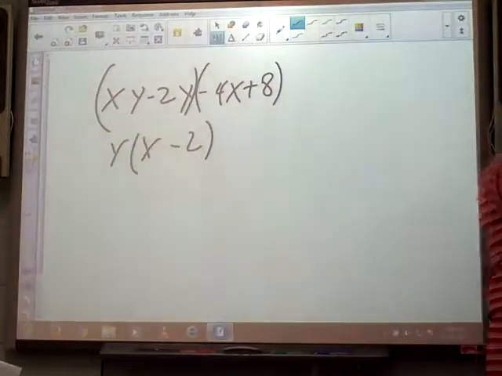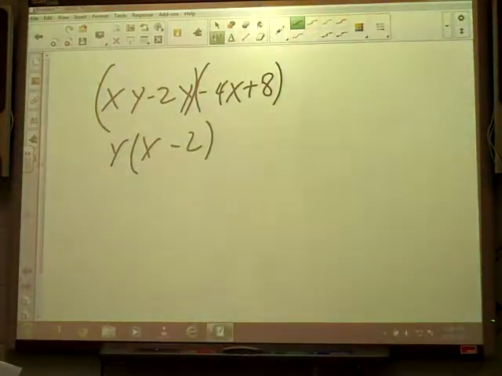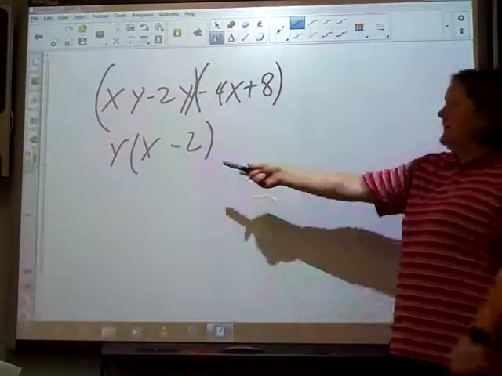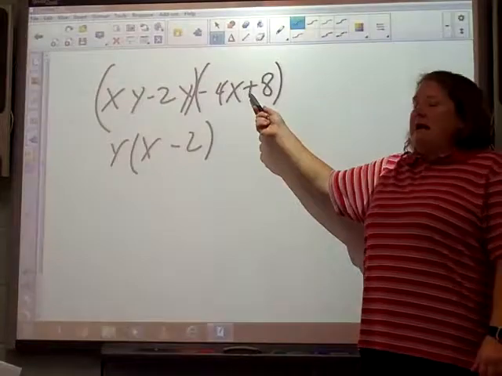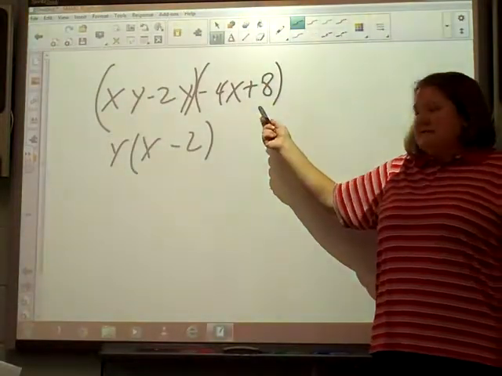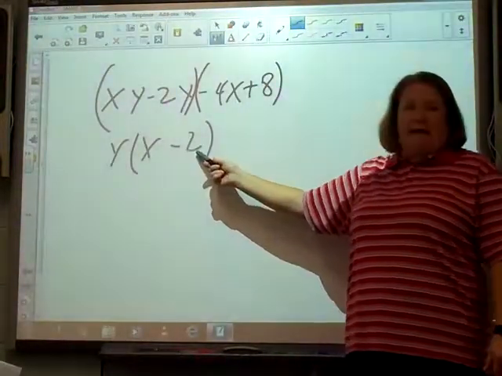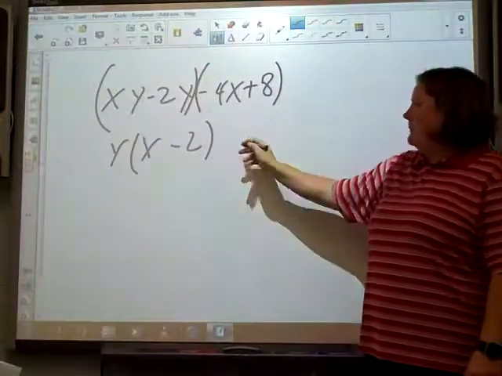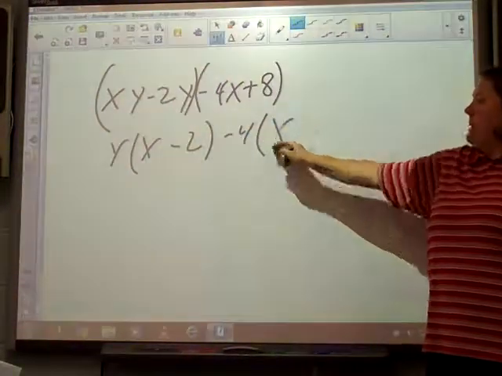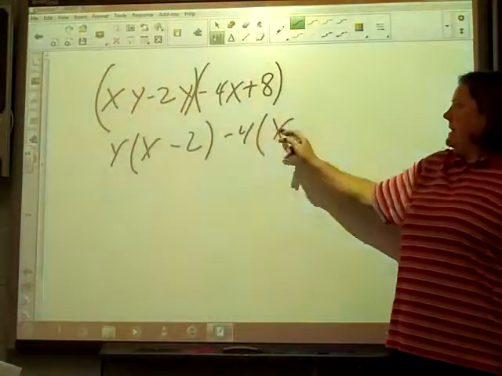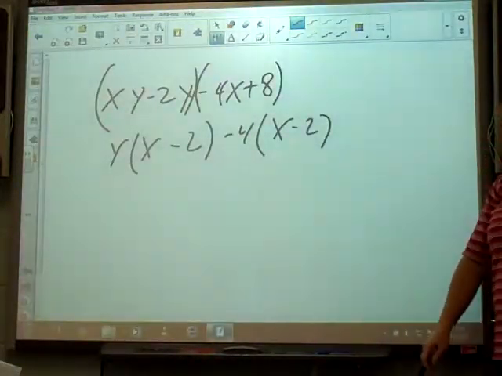Now, for this whole factoring by grouping show to work, whatever I take out of the second group has to also leave me with an x minus 2. So look at this, decide what would work for me to get a positive x and a negative 2. Negative 4, very good. Negative 4x divided by negative 4 is a positive x. 8 divided by negative 4 is a negative 2.